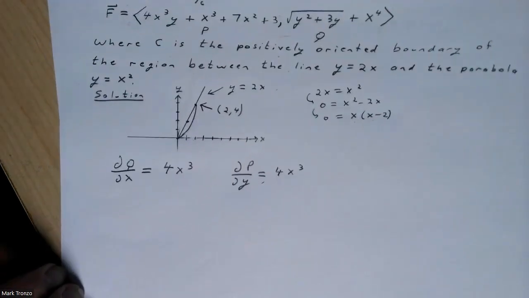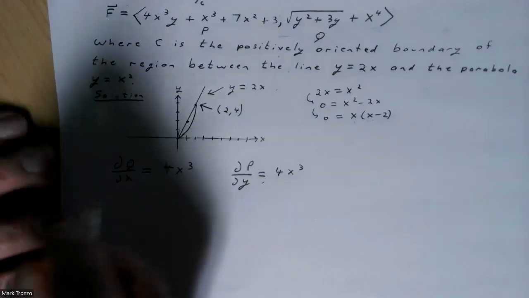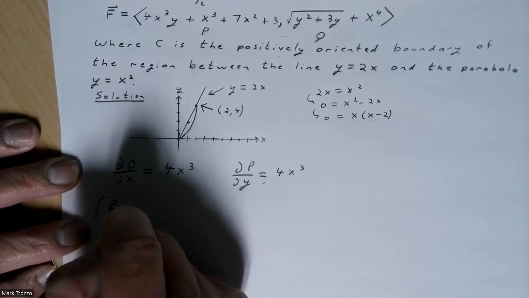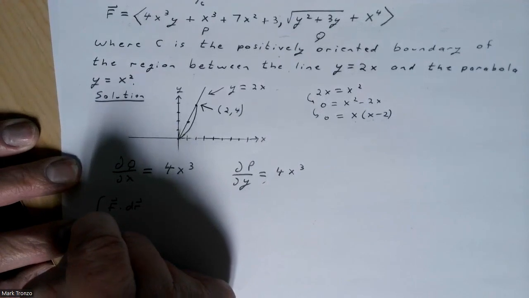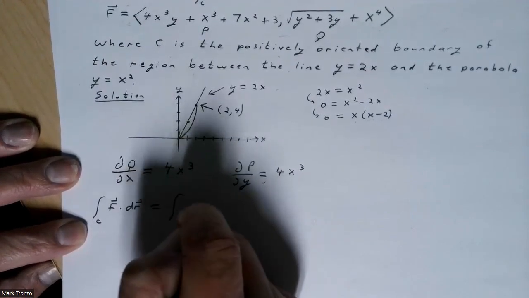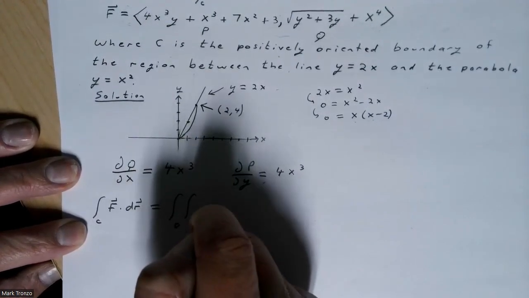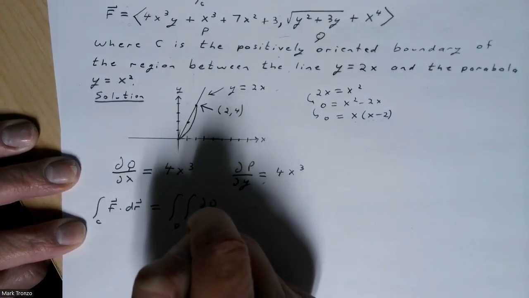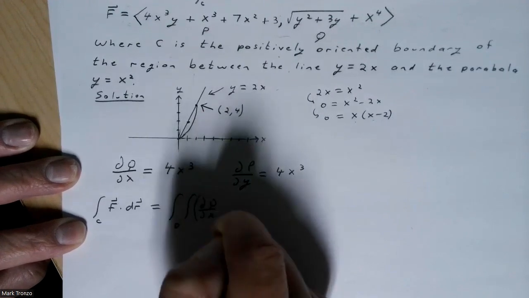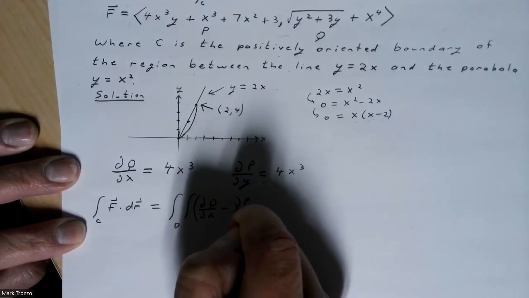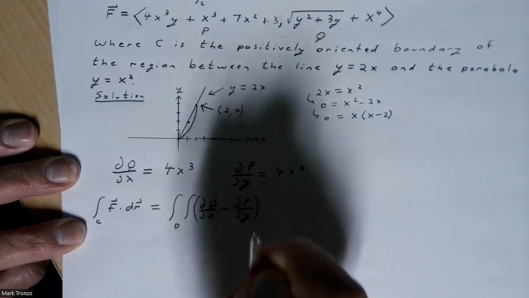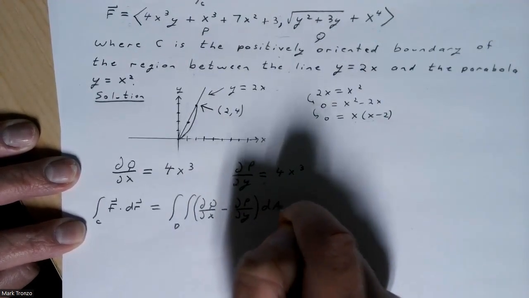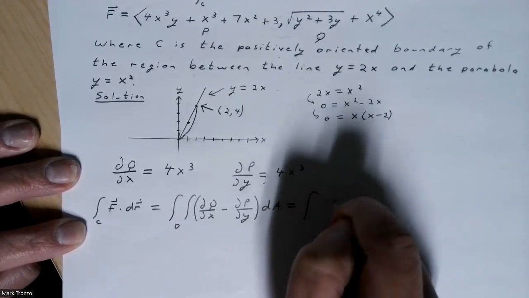Now let's set up our double integral. So again, we said before that if we have F dot dr over the curve, we have the double integral over the domain or the region of dQ dx minus dP dy dA in our case.